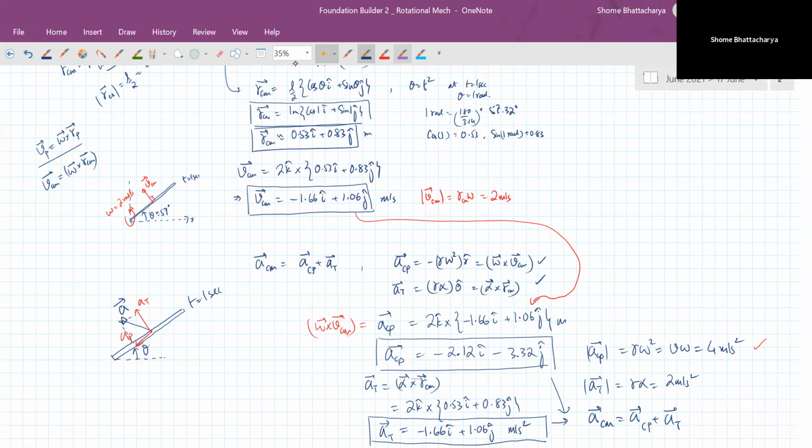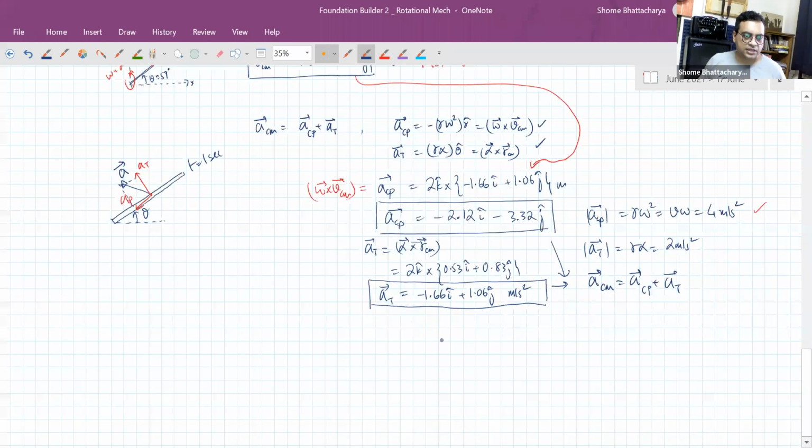Okay, so this is clear. Now, one more thing we can do here in the calculation is that if you want to find the magnitude of the net acceleration, the acceleration of the center of mass, as we saw, is the vector sum of centripetal plus tangential. But these are mutually perpendicular. So the magnitude of this net acceleration is square root of centripetal square plus tangential square.